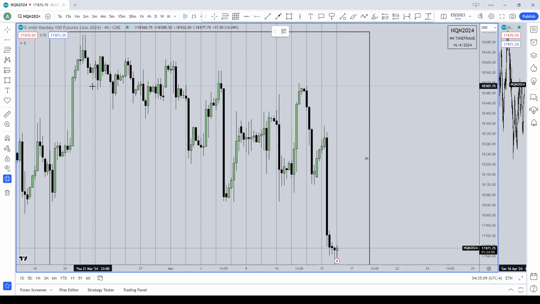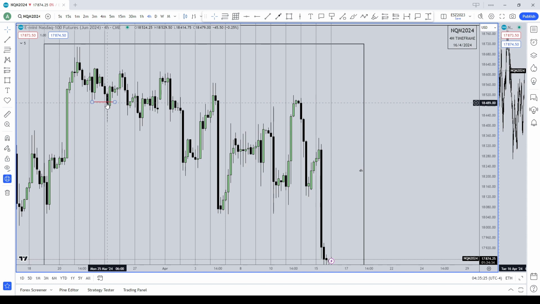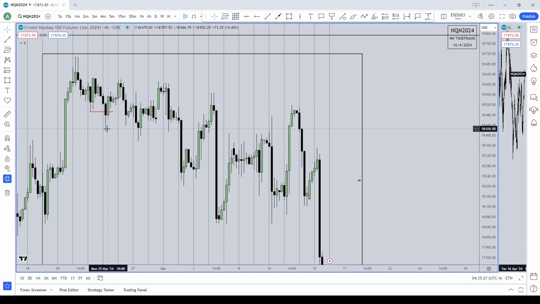Look at that. Sorry, I need the trend line. This high made a new low because we closed below the last low. Nice. We closed, that means this high is protected. Okay, we will take the line.